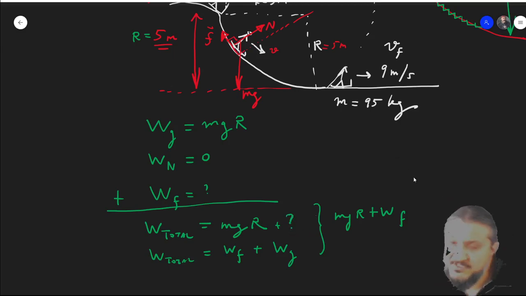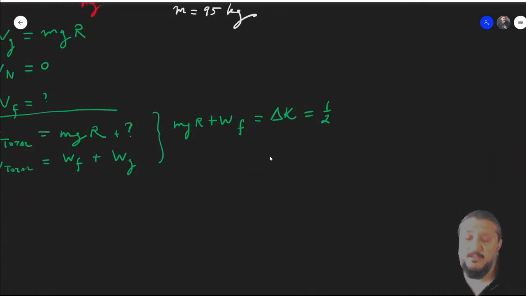So mgR, work done by gravity, plus work done by friction, is equal to the change in the kinetic energy, which is 1/2 m v final squared minus 1/2 m v initial squared. Now the skater starts from rest, so this is 0. It's only 1/2 m v_f squared.